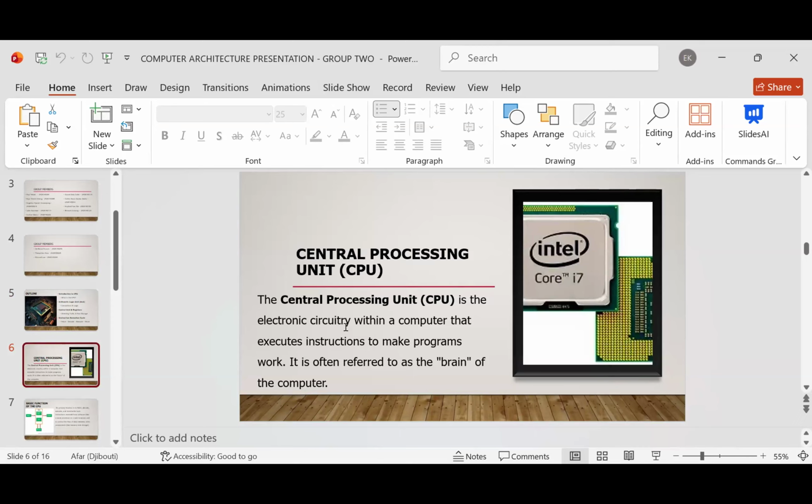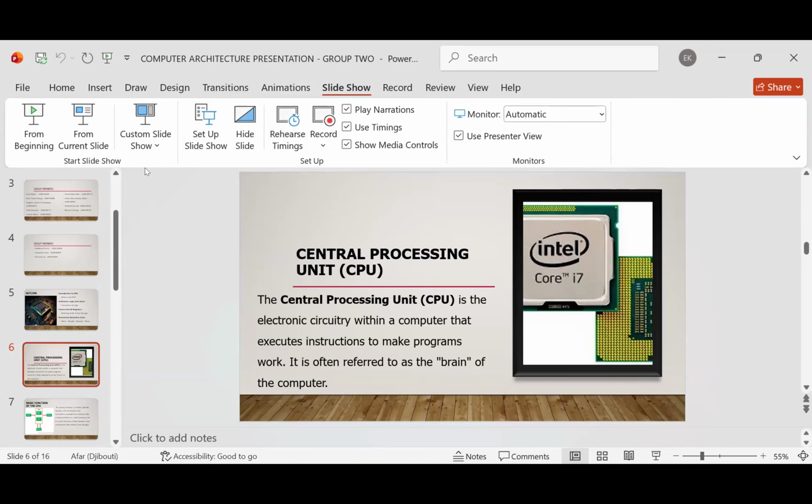Group 2, we can't hear. Is it group 2? Yes, please, it's group 2. We can't hear. Who is presenting? Evios, we can't hear anything, please.